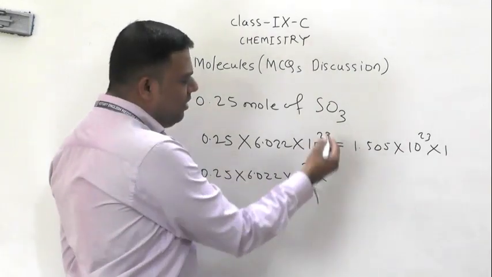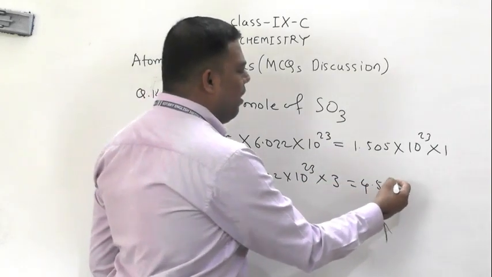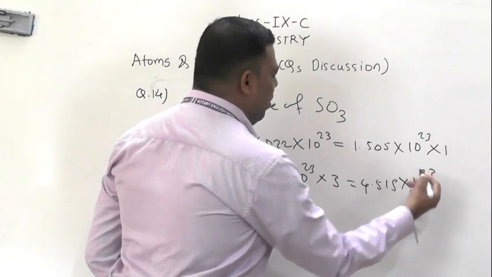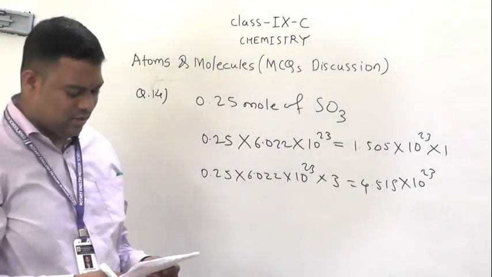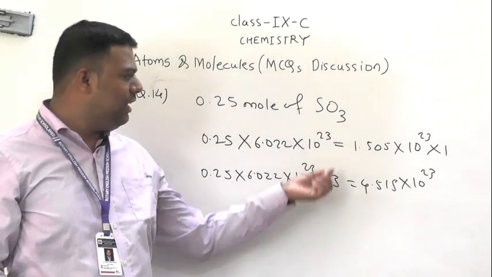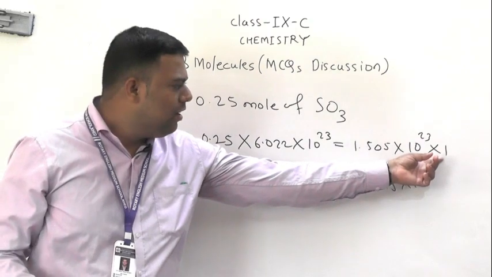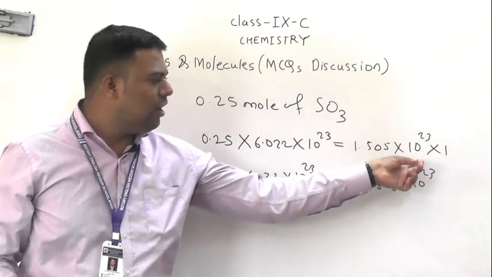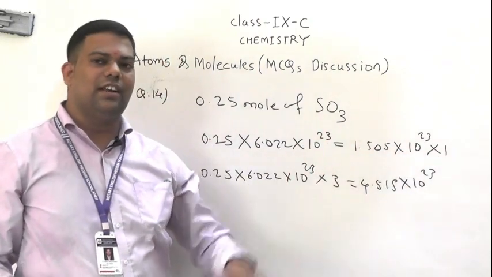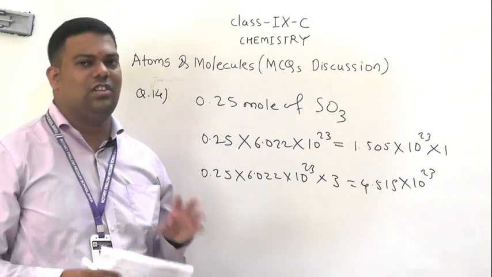Then you will get obviously 4.515 into 10 raised to 23 atoms of oxygen. Why do we multiply by 3? Because here there are 3. Why do we multiply by 1? Because here sulfur is 1. They mention in the option whether it is sulfur or oxygen.